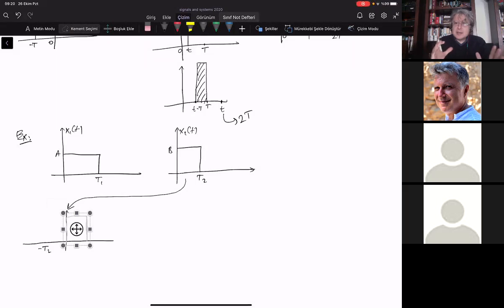So the output will reach a maximum, because if I move further to the right-hand side, until the right edge touches the T1 point, it will stay the same, because the areas of the multiplications of these two signals will be precisely the same. And then afterwards, it will start decreasing again.